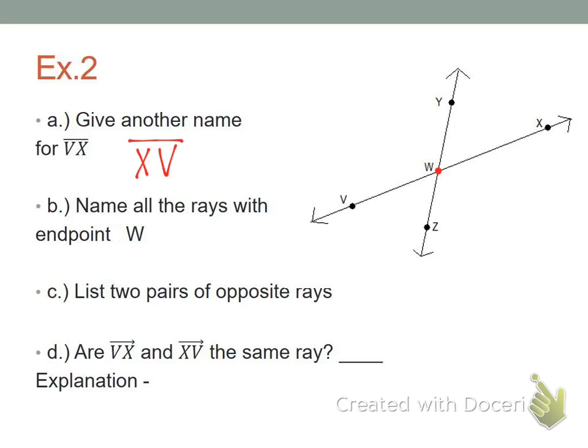Letter B, name all rays with endpoint W. Now, even if you didn't get all of them, if you got some of them, I'll take it. All right, Ataya, what'd you get? Yep, we go out in all directions with the little rays over the top, I hope.